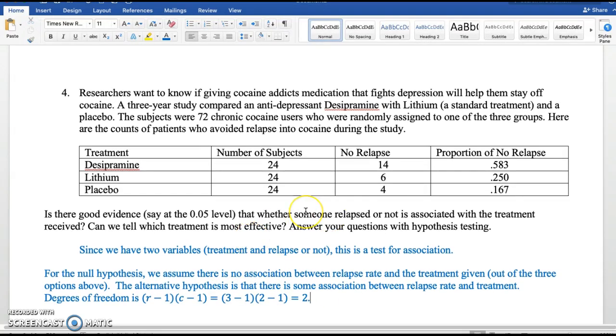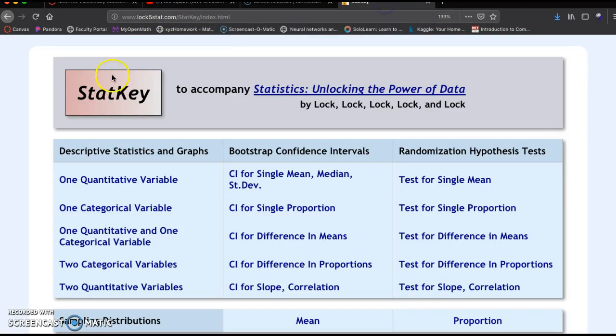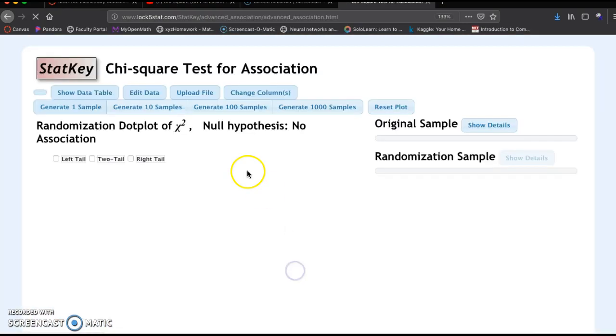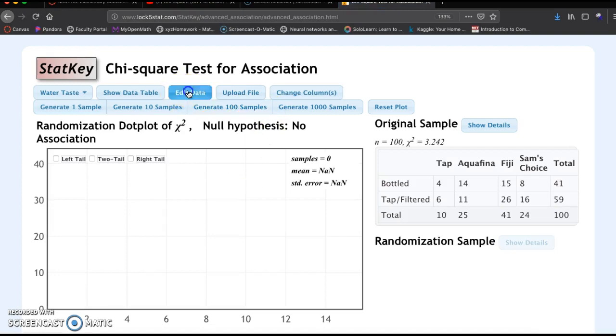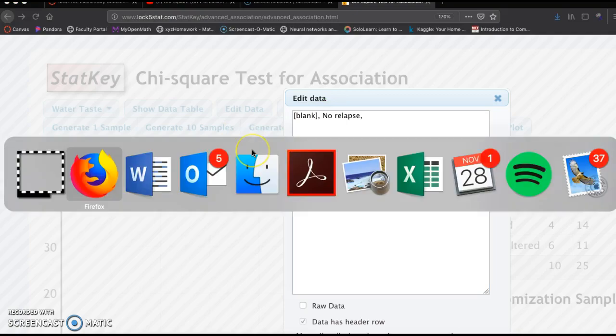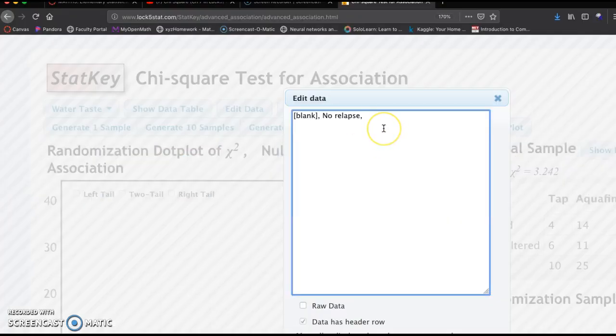All right, so if I go to StatKey, now I'm going to click on the chi-squared test for association. Click on Edit Data. And here I'm going to say no relapse. What's kind of different about the setup is the 2 categories are that they do not relapse, and the other option is that they do relapse.